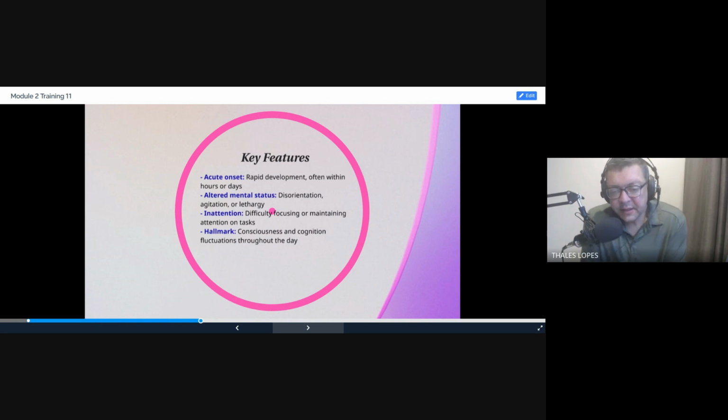So the key factors here: it's acute. It's a rapid development, often within hours or days. The patient comes into the hospital doing well, and 2 or 3 days later you are asked to evaluate this patient due to delirium. Altered mental status is the key here.